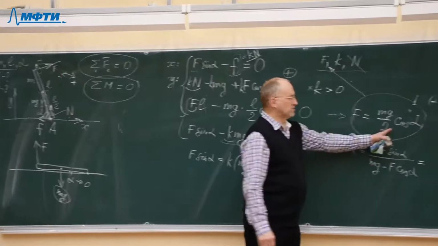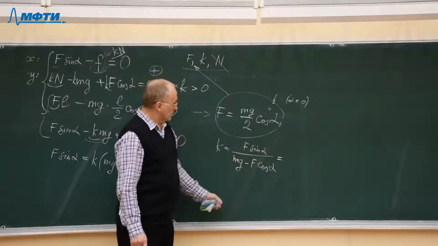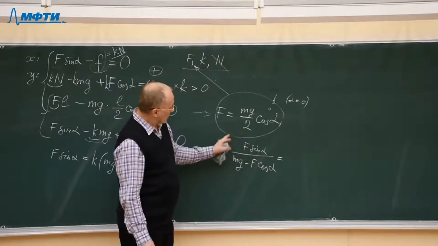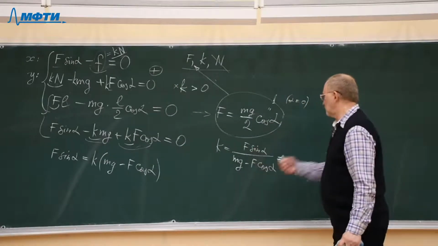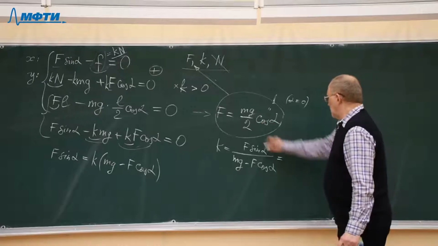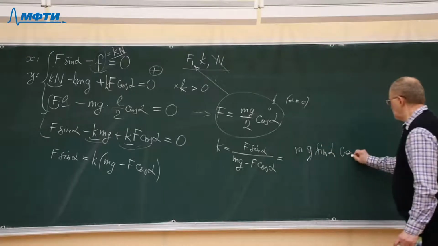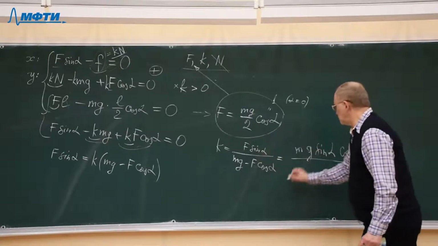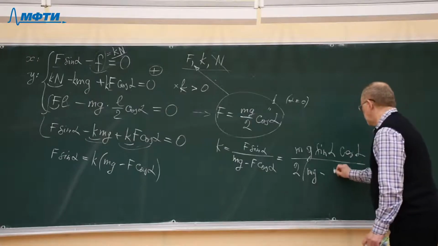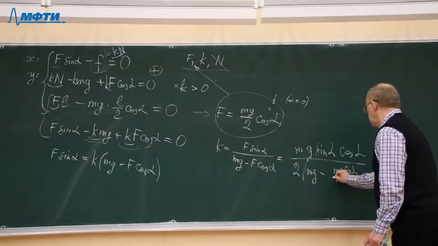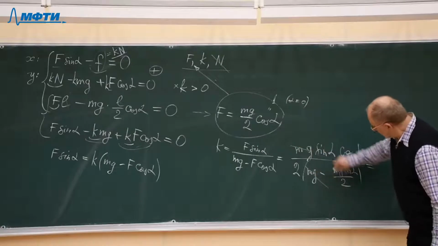F should be taken from the first formula. So we have to substitute this formula for F, and that will give us what? mg sine alpha cosine alpha divided by 2, and here we will have mg minus mg cosine alpha divided by 2. mg can be cancelled.